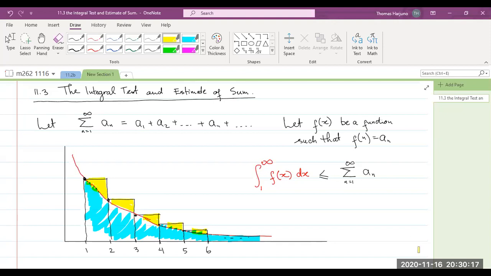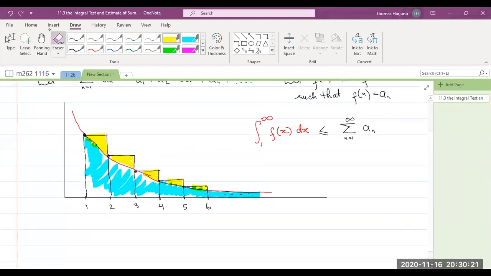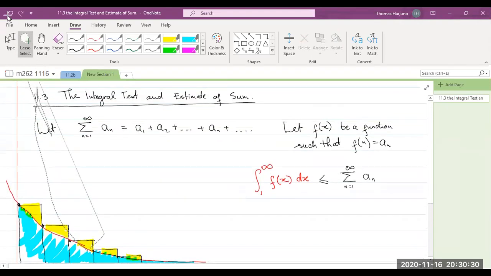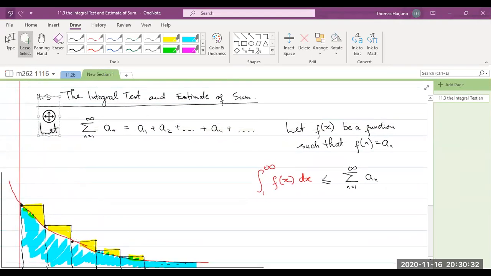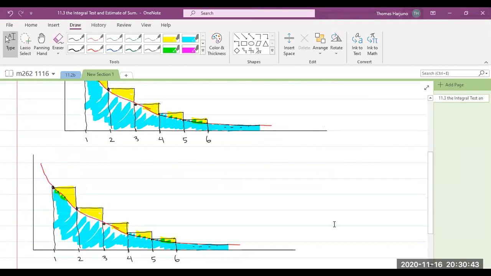Now, I will do a similar picture. I will copy this.